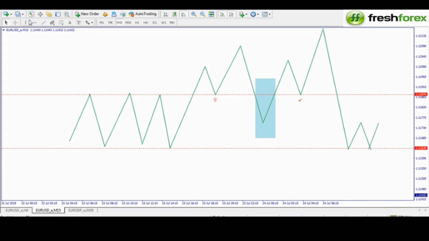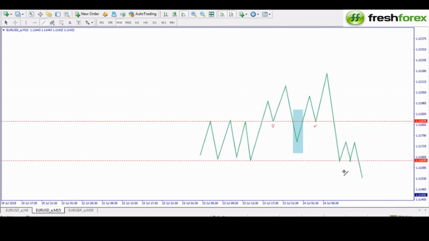If price breaks below this support here, normally we expect price to remain on the lower side, but assuming instead of continuing downwards it comes up, then breaks to the lower side, and then instead of remaining lower, comes back again and breaks above, but then instead of remaining above, it breaks again to the lower side.